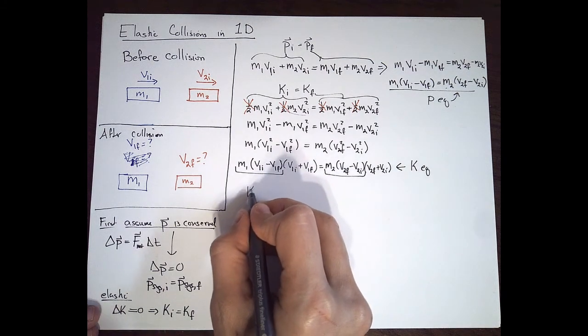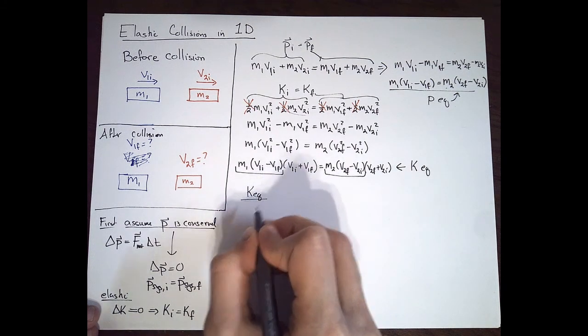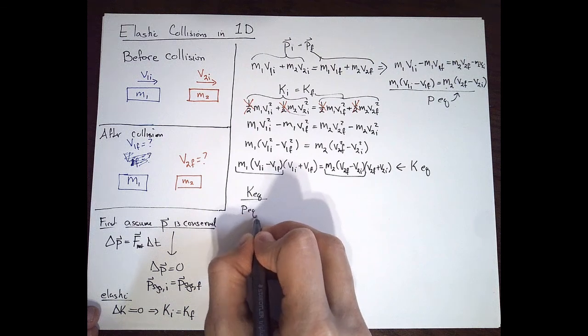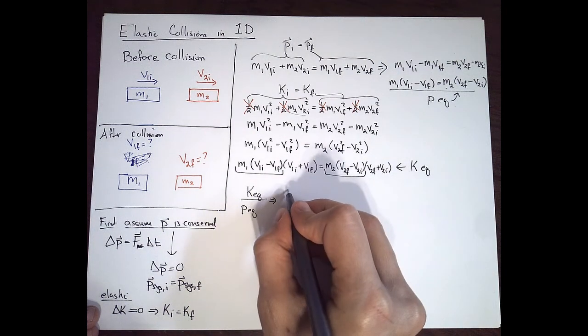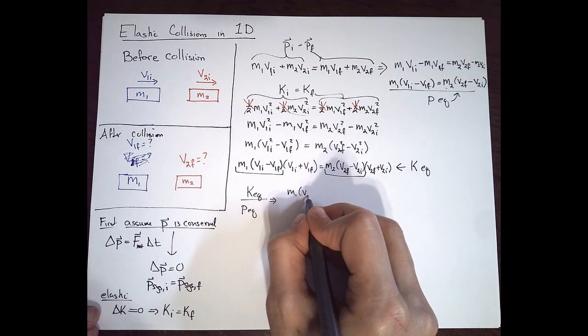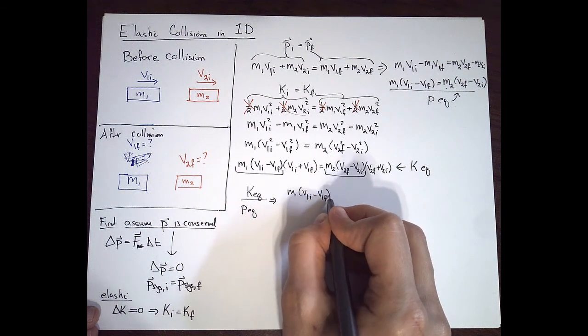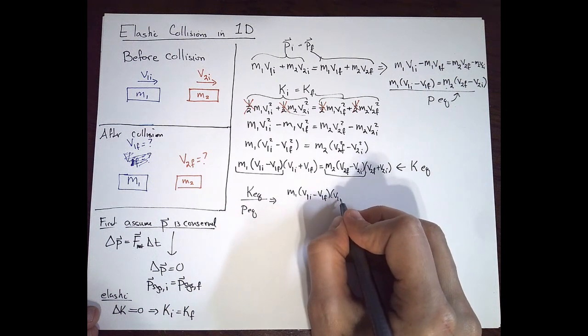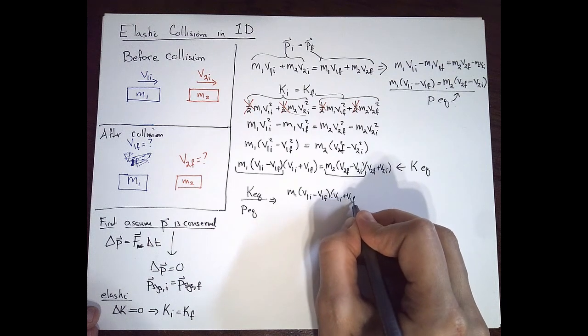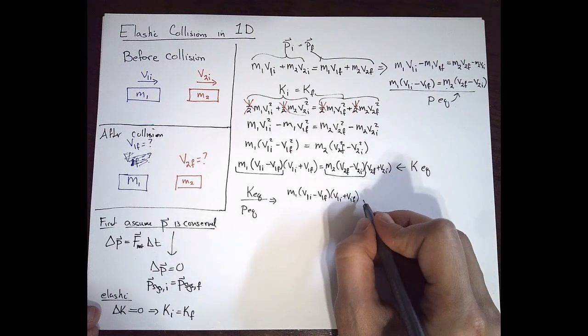I am going to divide my kinetic energy equation by my momentum equation. So I've got m1 times v1 initial minus v1 final, times v1 initial plus v1 final. That's one side of my kinetic energy equation.